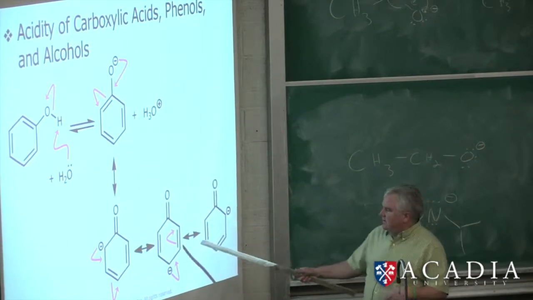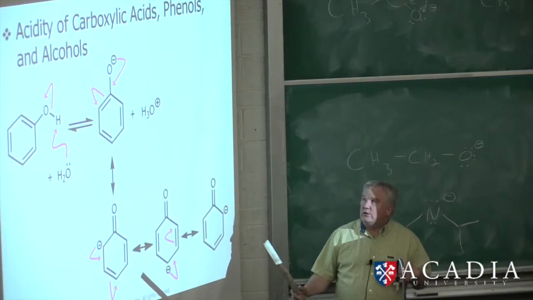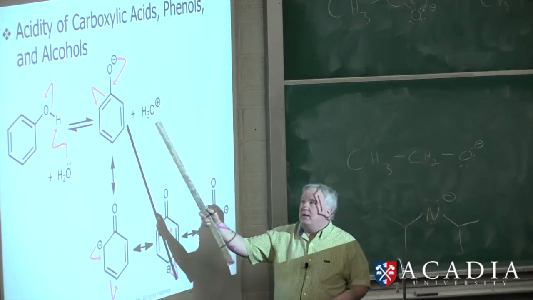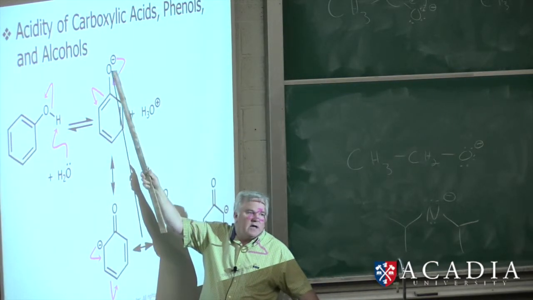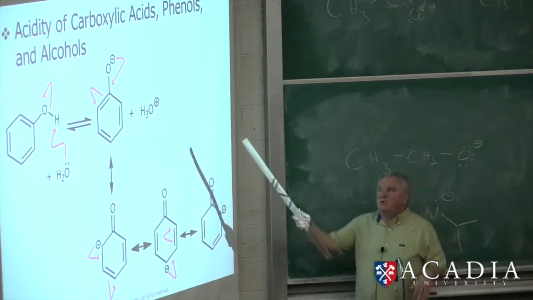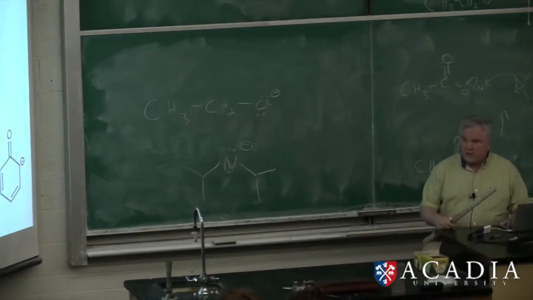So these 3 resonance structures would not contribute as much to the real structure as this one. If we did a charge density calculation, we would find that a large part of the negative charge exists on the oxygen. Some of it is dispersed out amongst these 3 carbons, but most of it remains on the oxygen because it's electronegative. It can support a negative charge.